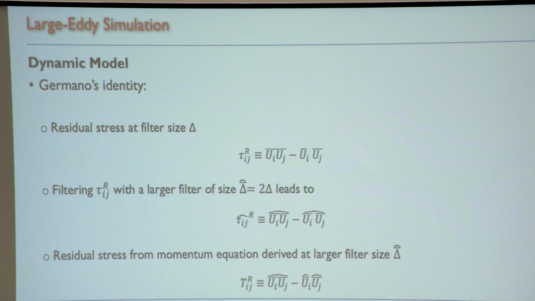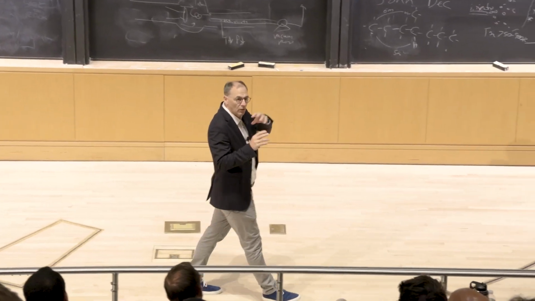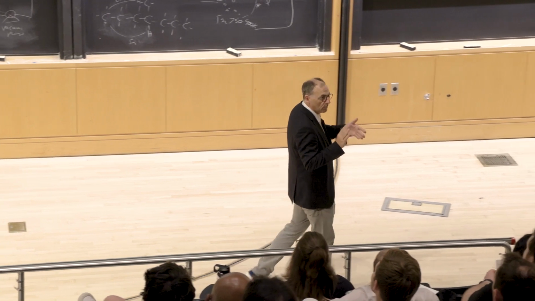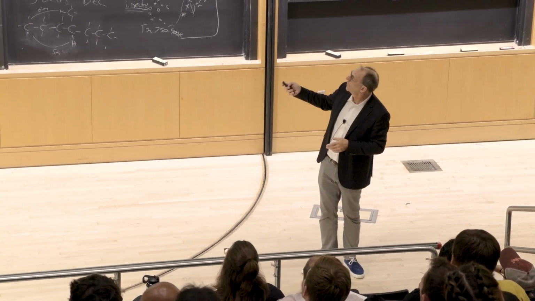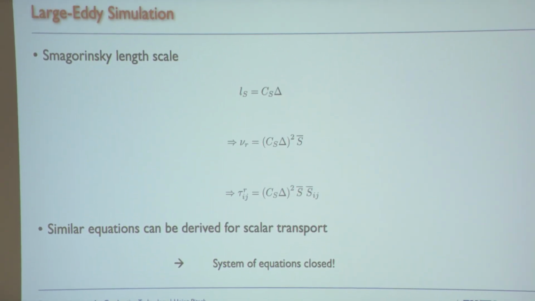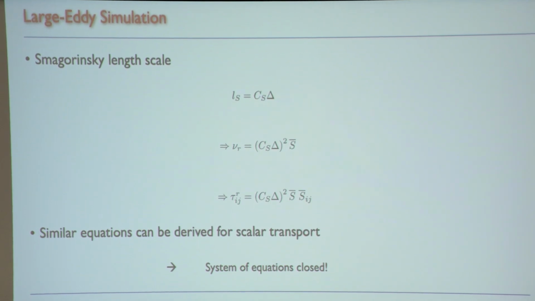Basically, what the dynamic model does is, a certain part of the turbulence is resolved. You know that part of the turbulence. And then you say, I have a model which has a coefficient, this Smagorinsky constant. It's 0.2, but of course not always 0.2, it can be larger or smaller.